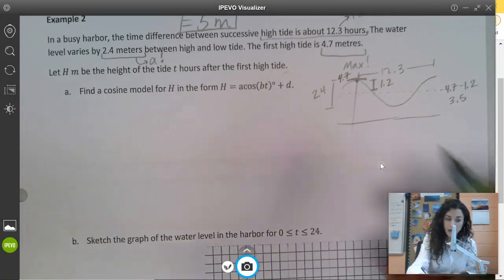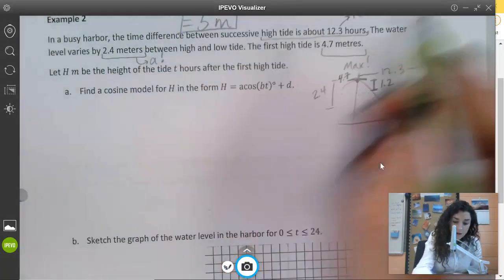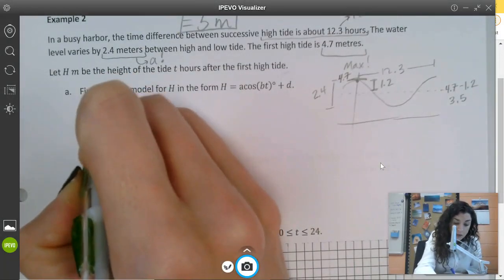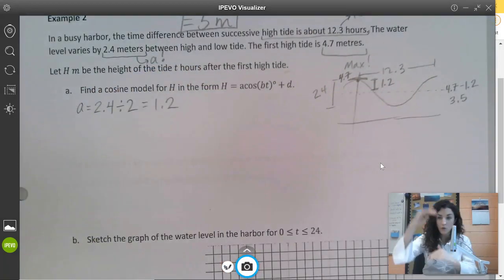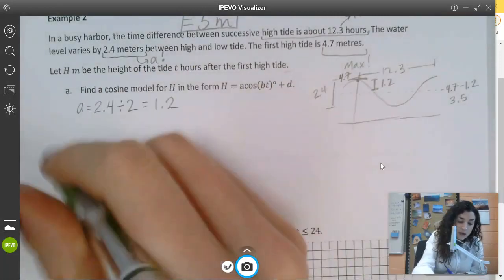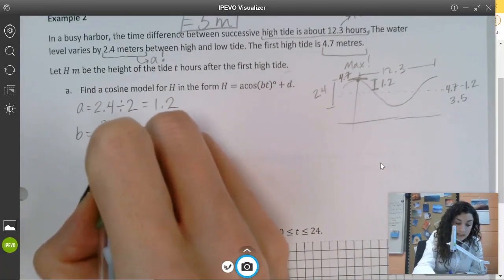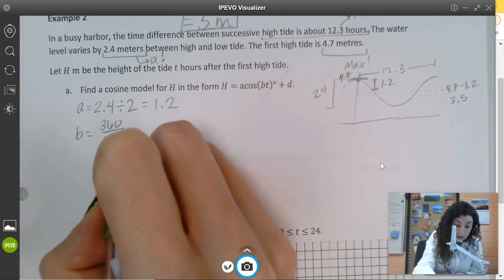So finding this cosine model, we know that A is equal to 2.4 divided by 2, which is 1.2. We know that B is equal to 360 divided by the period. The period is 12.3.